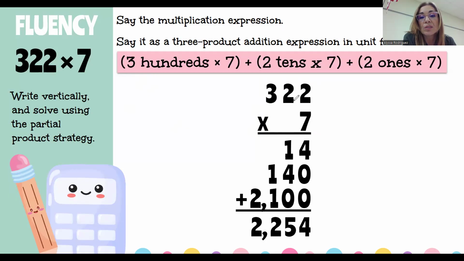Then we move on to this 2 times 7. We put the 14 over here, but we need to add a 0 because there's an empty space there. And then the last one is 3 times 7. It's going to be 21. And then we just add zeros at the end because we need to put some space there. So that is how that one was done, whichever way is easier for you.